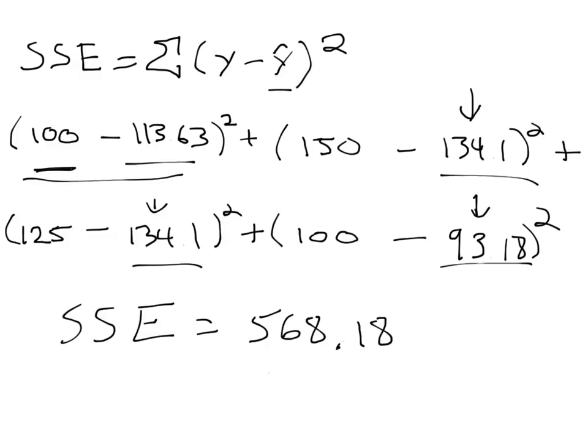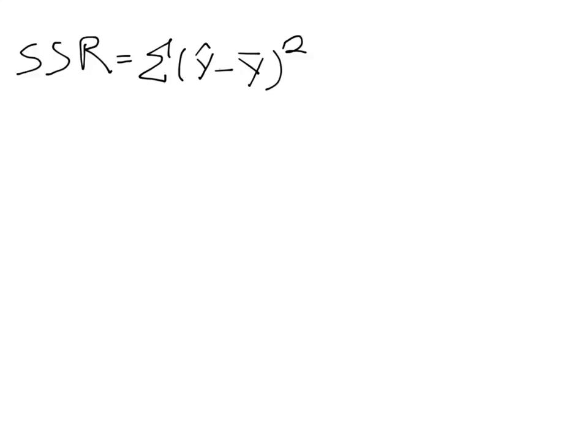The sums of squares from regression follow a very similar format. So our SSR is equal to the sum of the difference between our projections and the average of the y's, squared. So we'll have, again, a string of differences squared and then added together.